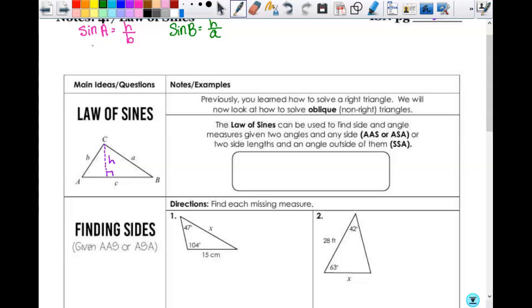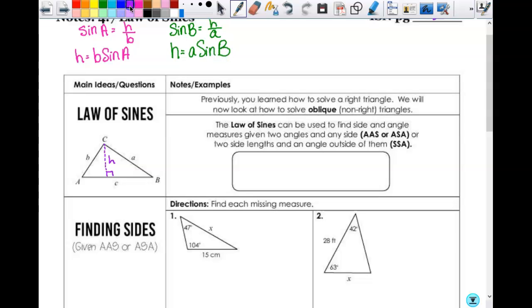If I take both of these and solve for the height, which is pretty easy, on the left I can multiply both sides by b, so the height is equal to b times the sine of A. And here, h is equal to a times the sine of B.